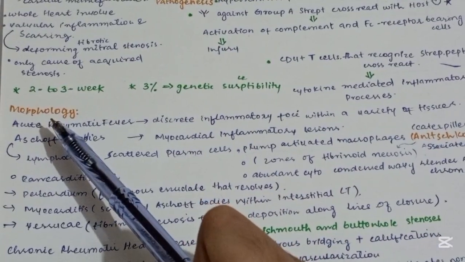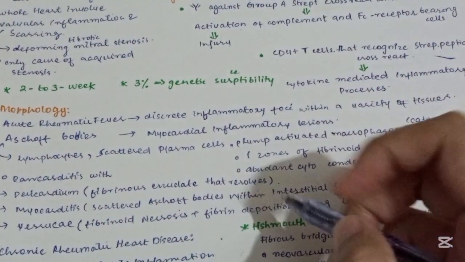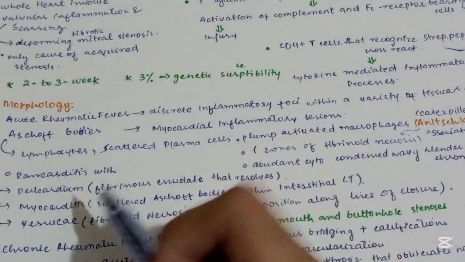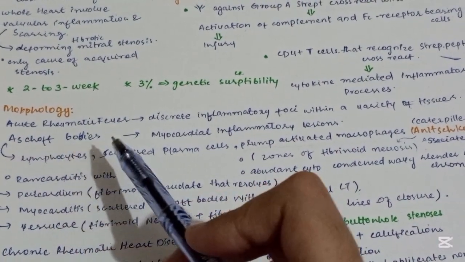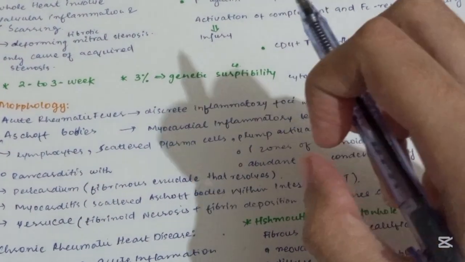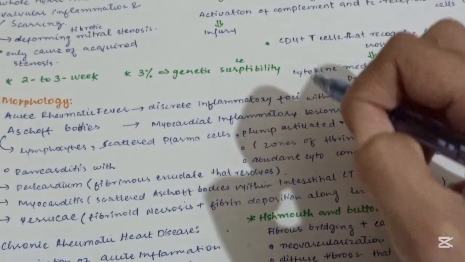Now let's move toward the morphology. So acute rheumatic fever mostly presents with inflammatory lesions within a variety of tissues. Aschoff bodies are actually the inflammatory lesions that are present within the heart, in the myocardium mostly, but sometimes in the pericardium as well.